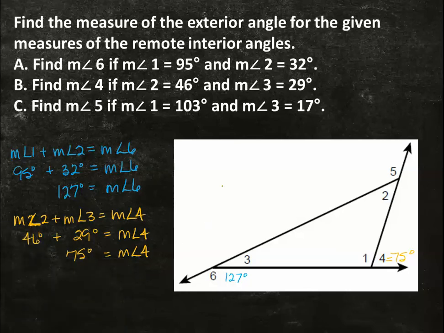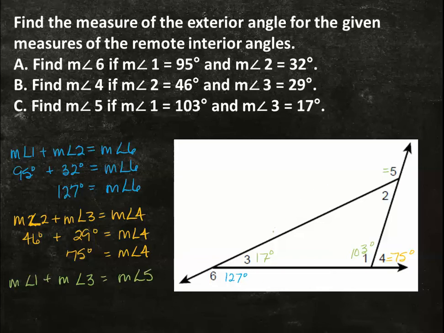It'll show up. It says the measure of angle 1 is 103 degrees and angle 3 is 17 degrees. They want to know angle 5. So I've got the measure of angle 1 plus the measure of angle 3 equals the measure of angle 5.